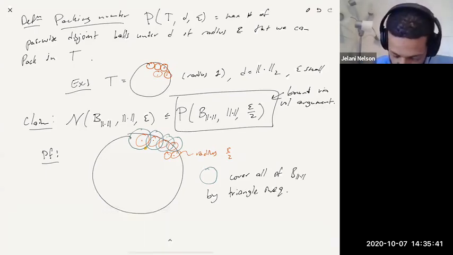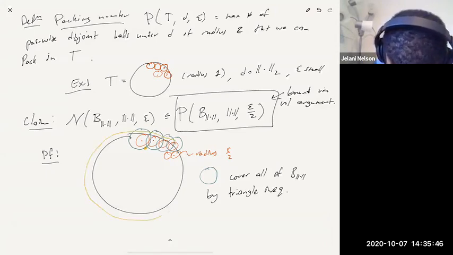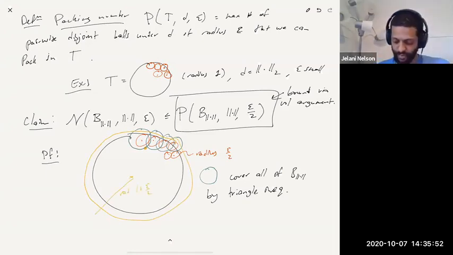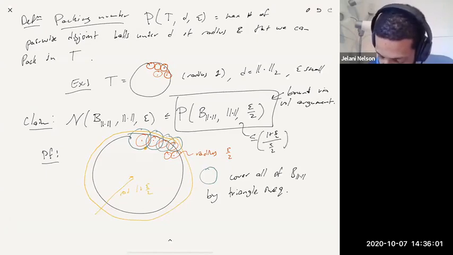This yellow circle is guaranteed to contain all the red balls. So this has radius 1 plus epsilon over 2. So you know that this thing here has to be at most 1 plus epsilon over 2, over epsilon over 2, raised to the dimension, which is equal to 1 plus 2 over epsilon.